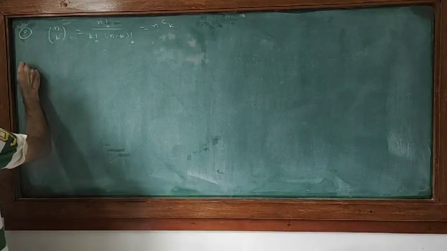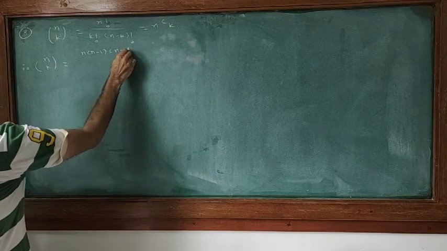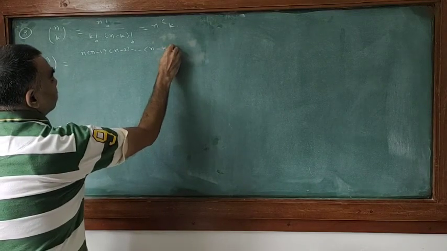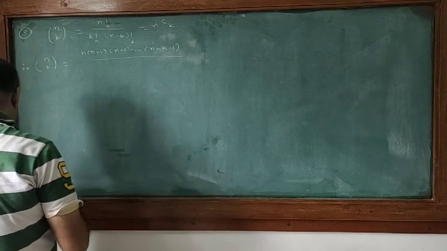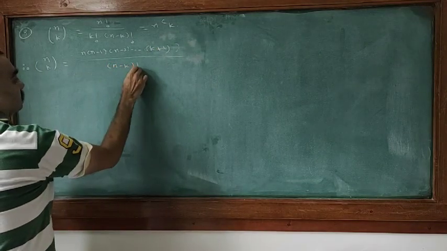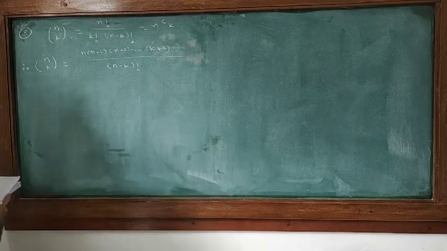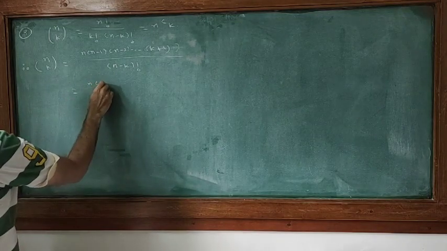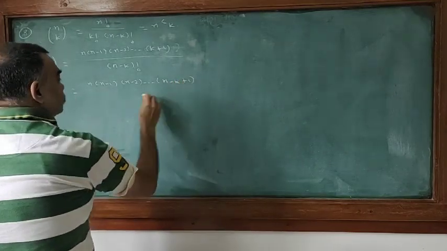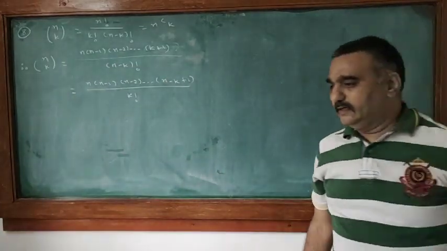So this is equal to n into n minus 1 up to n minus k plus 1, upon k factorial, and n minus k factorial cancels out the previous steps. Known formula, nothing new for you.